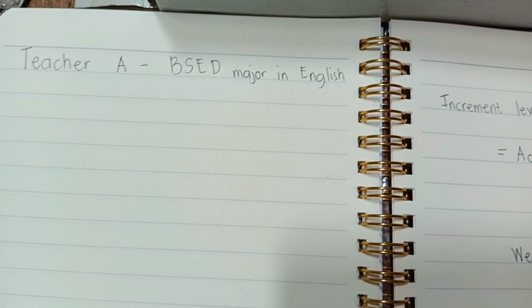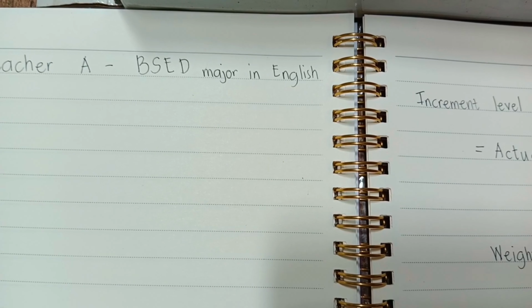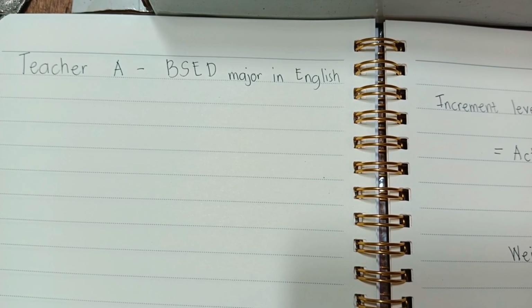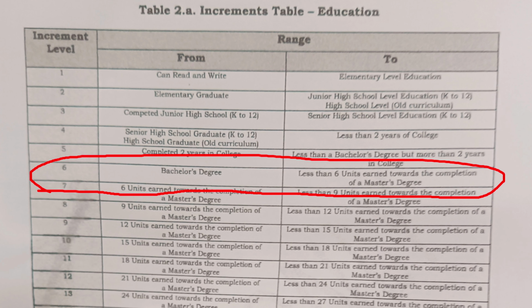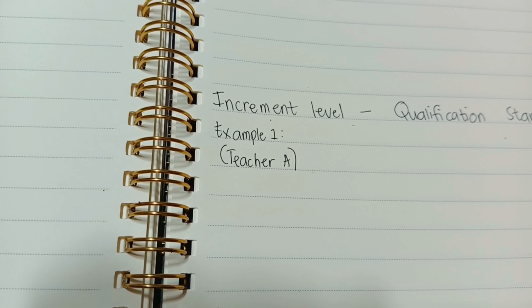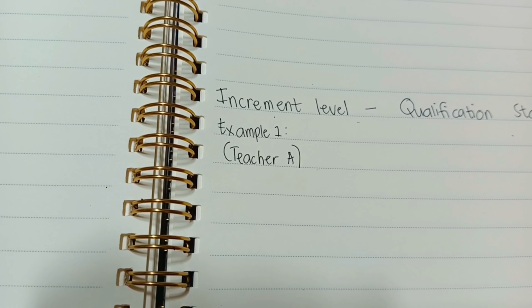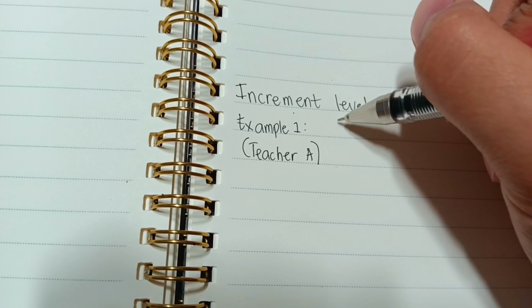Let us say teacher A is a graduate of Bachelor of Science in Secondary Education, major in English. If we refer to the table, bachelor's degree to less than 6 units earned towards the completion of a master's degree is increment level 6. So let's substitute it. We have identified that bachelor's degree, which is earned by teacher A, is equivalent to increment level 6.